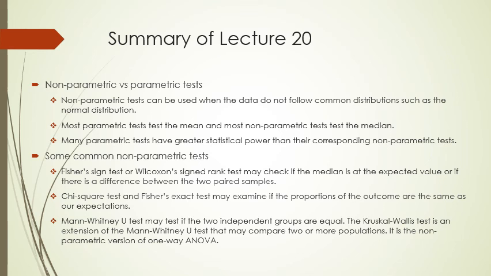The chi-square test and Fisher's exact test may examine if the proportions of the outcome are the same as our expectations. The Mann-Whitney U test may test if the two independent groups are equal. The Kruskal-Wallis H test is the non-parametric version of one-way ANOVA.